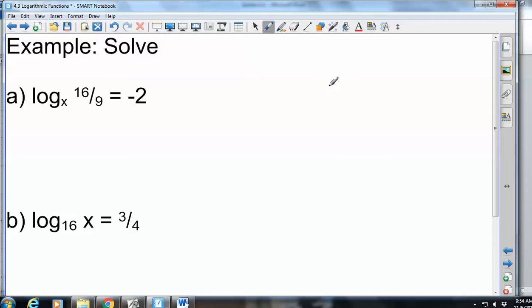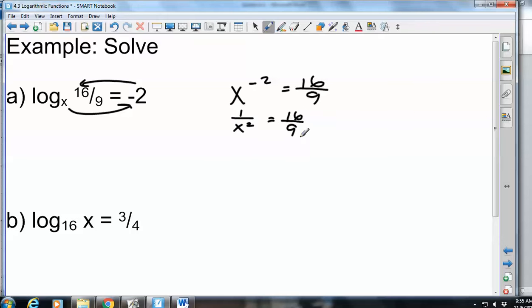So how would I write this? Okay. What do you want to do with that? What is the negative x going to do? So that says 1 over x squared equals 16 over 9. What do we do with that?